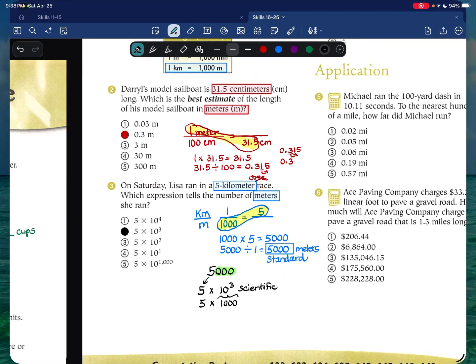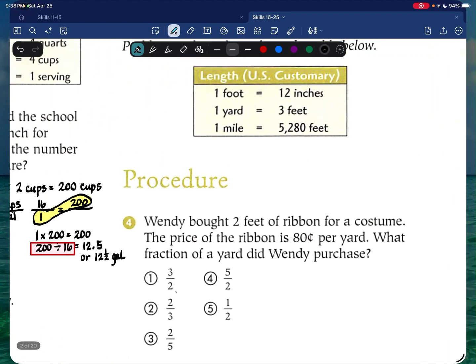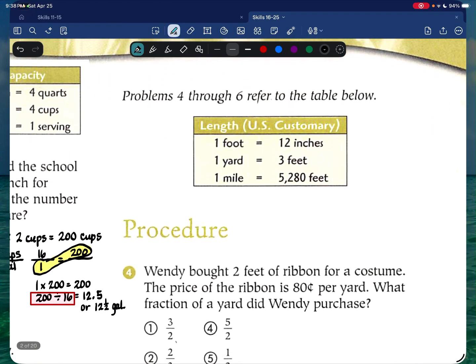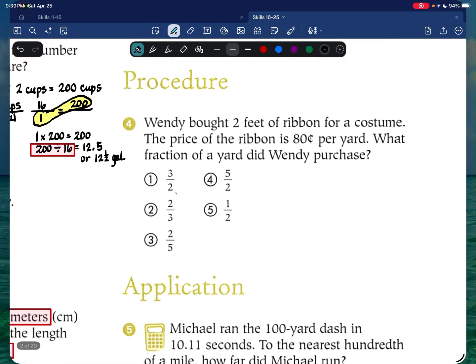Okay, number 4. Here are some procedural questions based on this table. 1 foot is 12 inches, 1 yard is 3 feet, and 1 mile is 5,280 feet. Wendy bought 2 feet of ribbon for a costume. The price of the ribbon is 80 cents per yard.